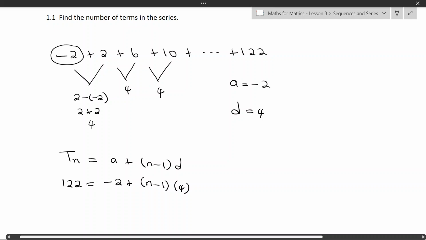Now, let's get rid of the brackets. -2 minus 4 is equal to -6. So we now have 122 is equal to 4n minus 6.